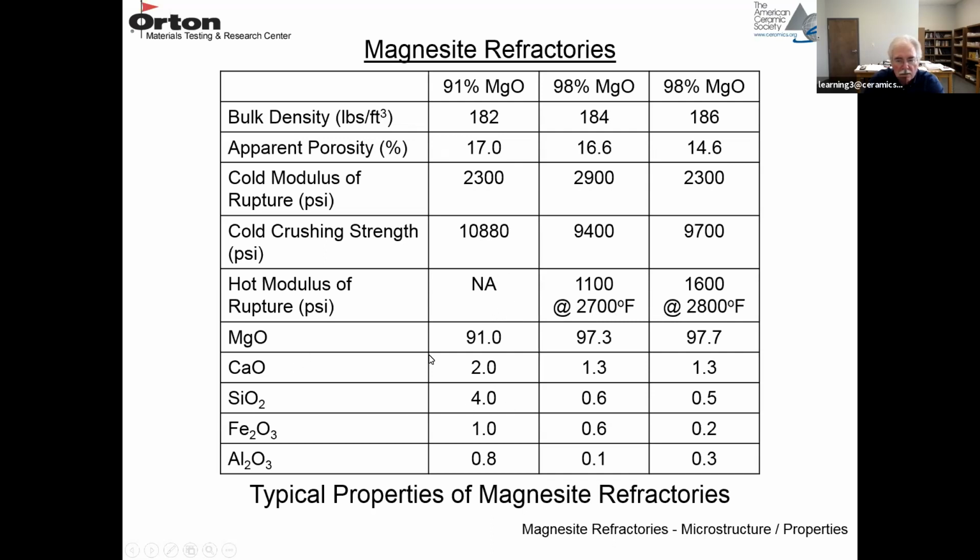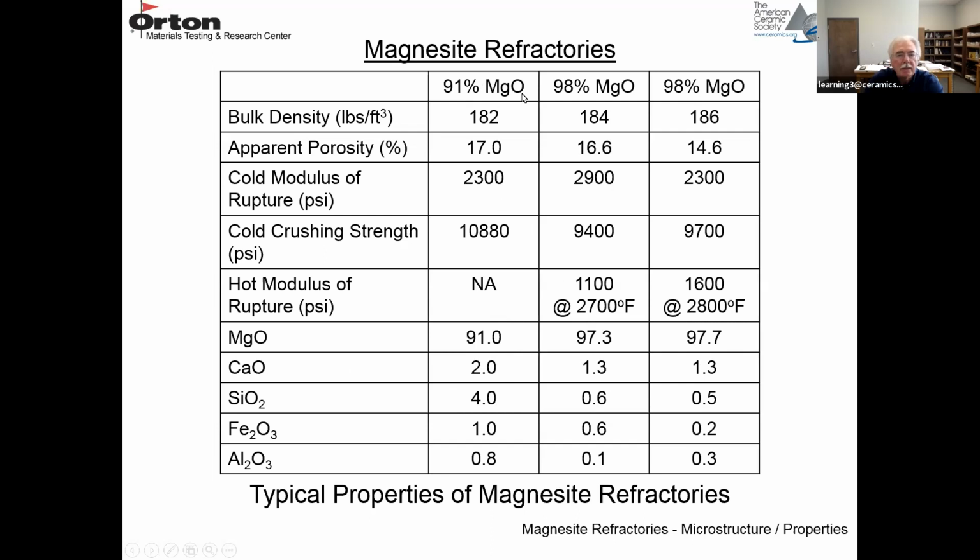And if you look at the MgO levels, they should correspond to what their advertised are at 91%. And then these two are close to 98%. The first one has a lime to silica ratio about 1/2, which is much less than 1.86. But these other two have a high lime to silica ratio. So this one has low melting compounds and eutectics in it.